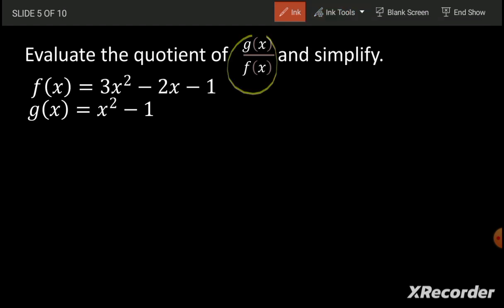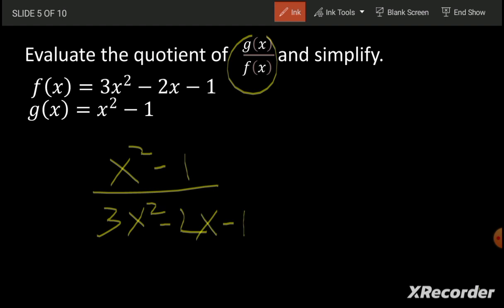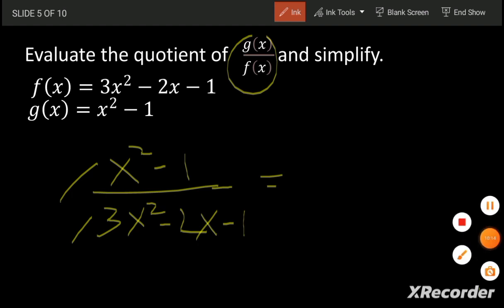So we have to divide g of x, which is x squared minus 1, by 3x squared minus 2x minus 1. But we cannot divide these two unless we factor or express these polynomials in terms of their factors.